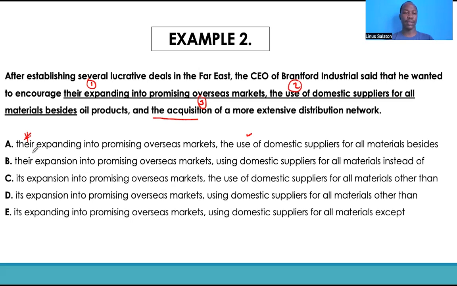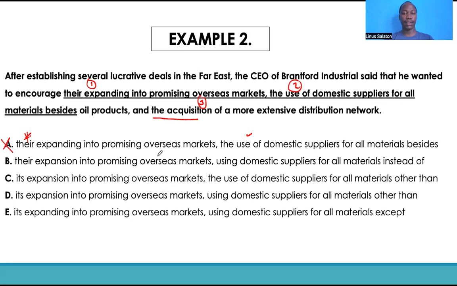The meaning is not clear. You're struggling to find meaning as to whom the expanding is attached to. So for that reason, although they have used possessive plus gerund form, it doesn't mean the use of it can be constructed correctly, but the meaning in context here is not actually clear, all right? So for that reason, eliminate A.